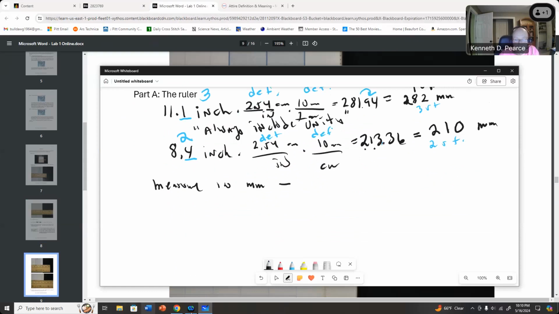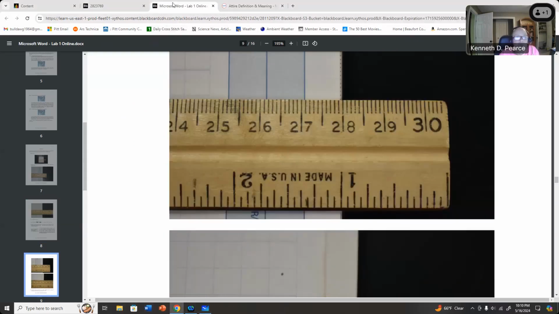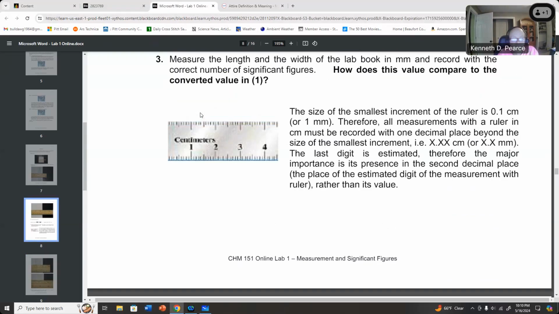And we get, what did we decide that was? 27 point, what would that be? 27.9. And we have to estimate in between the digits. Now, in this case, we want to go out 2 decimal places, and I do believe it says that over here. Yep. The major importance is the second decimal place.